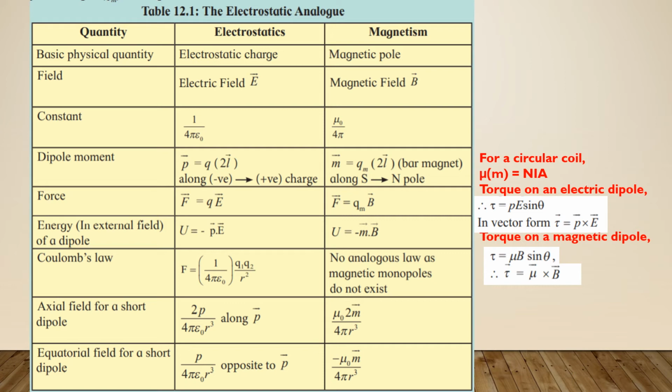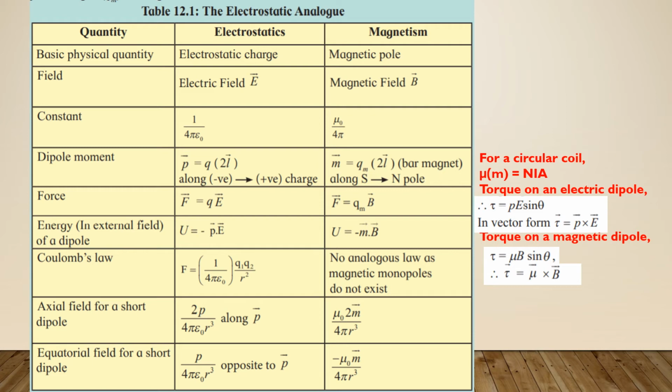Next, in electrostatics, we deal with an electric dipole, which is an arrangement consisting of two equal and opposite charges separated by a finite distance. Such an electric dipole is characterized by dipole moment P bar, which has the magnitude Q into 2L, that is the length of the dipole, and is directed from negative charge to positive charge.